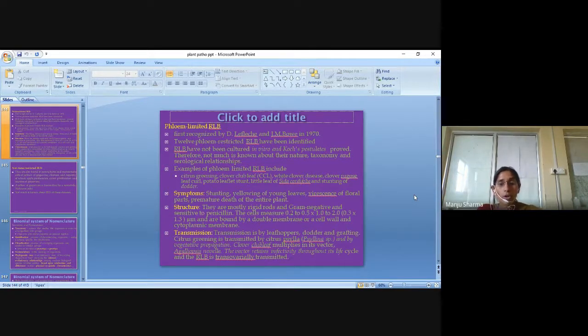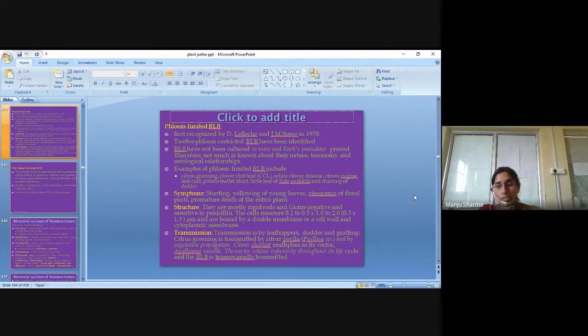The cells measure 0.2 to 0.5 by 1 to 2 micrometers and are bound by a double membrane, a cell wall and cytoplasmic membrane.